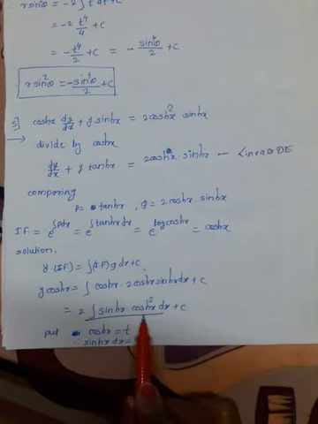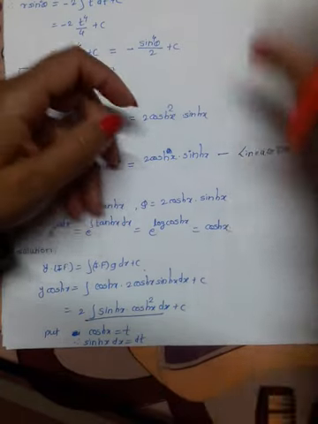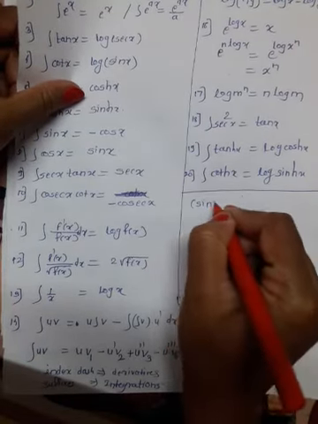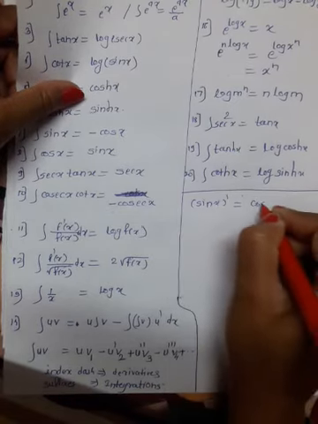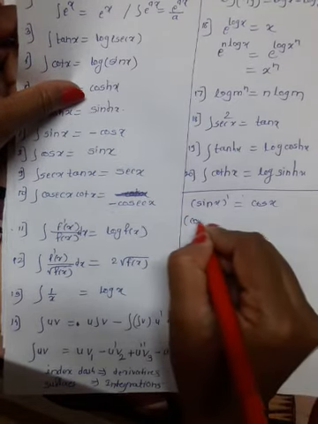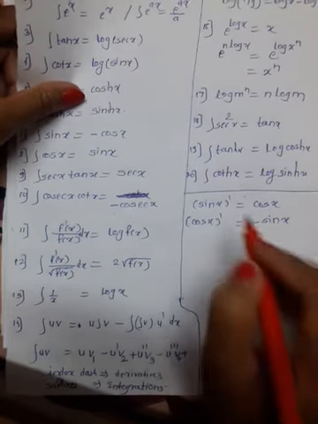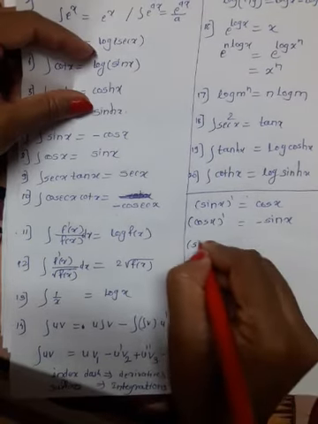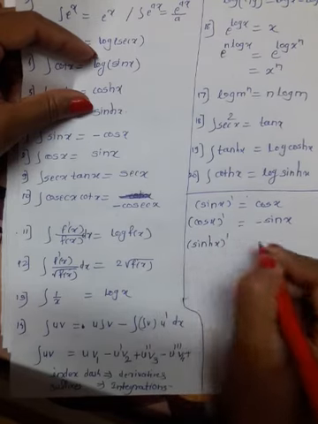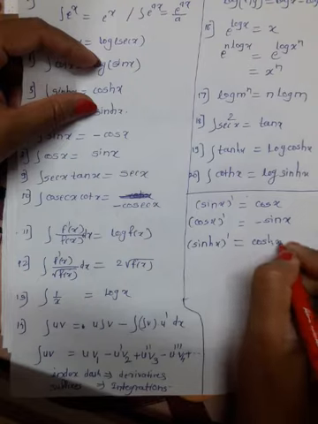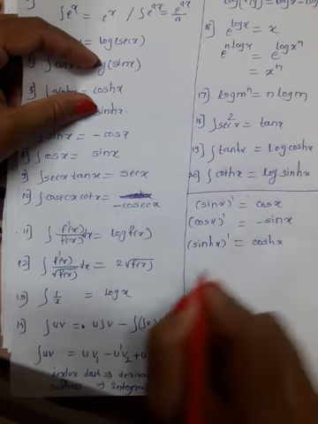Put cos hyperbolic x... again, we know the formulas of derivatives. Sin x derivative is cos x. Okay, cos x derivative is minus sin x in normal angles, while in hyperbolic angles, the sin hyperbolic x derivative is cos hyperbolic and the cos hyperbolic derivative is sin hyperbolic, both the same in sign.